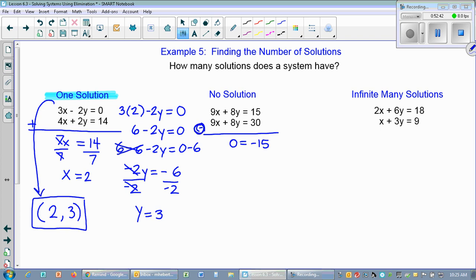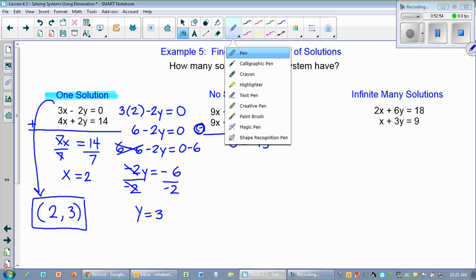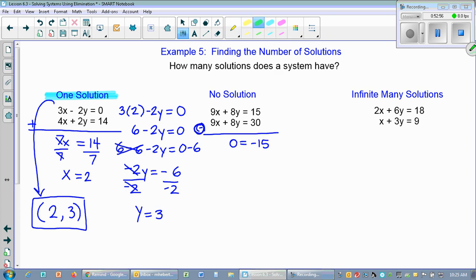So when both variables eliminate and the right side does not equal 0, so we have a 0 equaling a number other than 0, then we have what's called a no solution. So we have a no solution here because 0 will never equal negative 15.